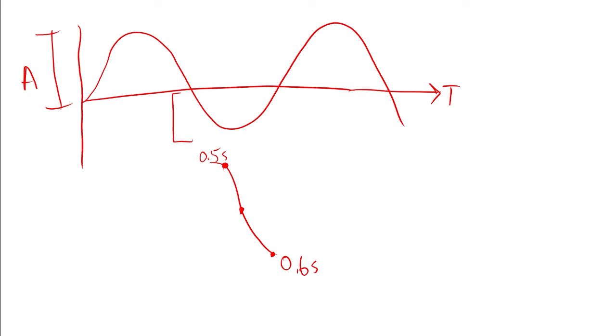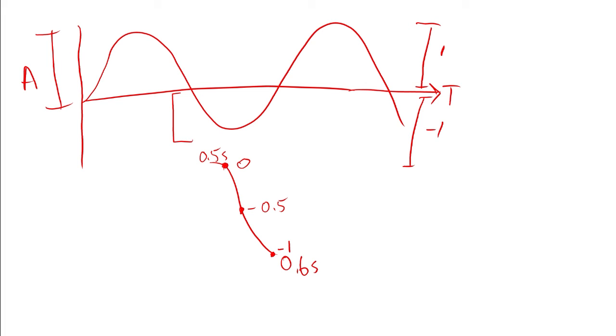Here it might be, assume the amplitude is 1, here it might be 0, here it might be negative 0.5, here it might be negative 1.